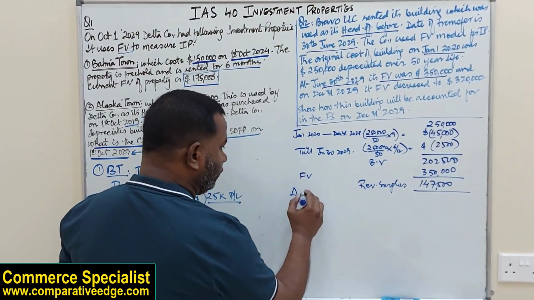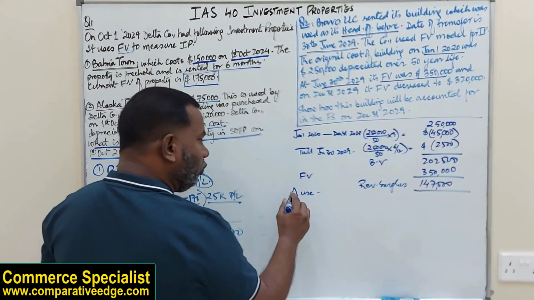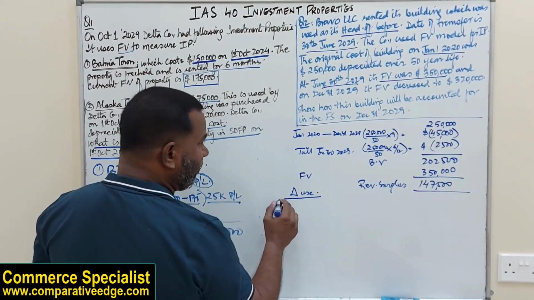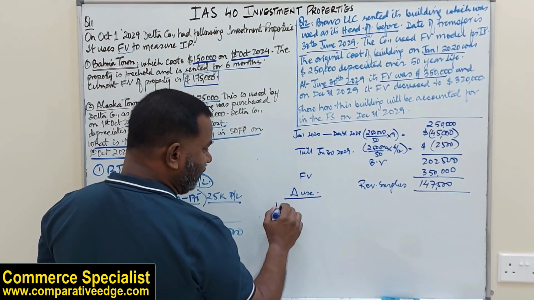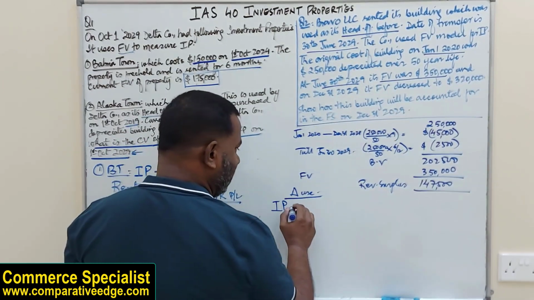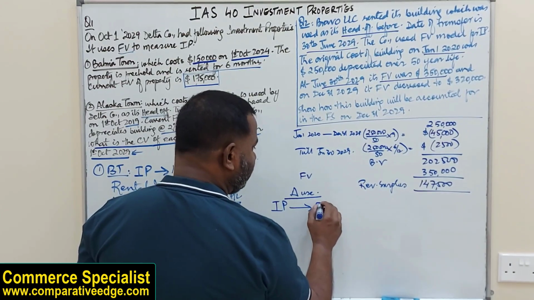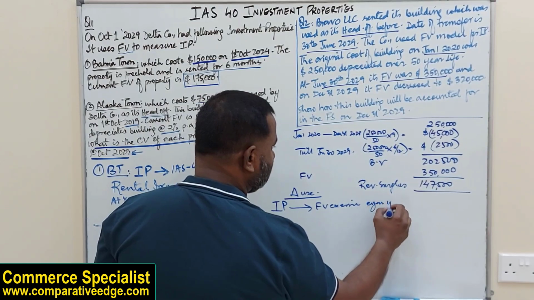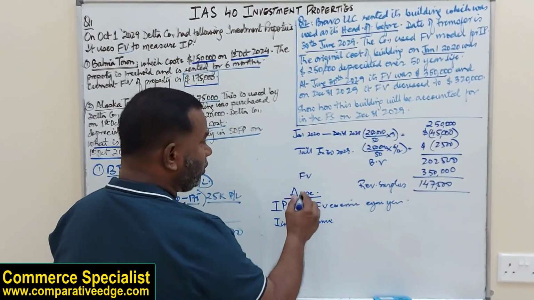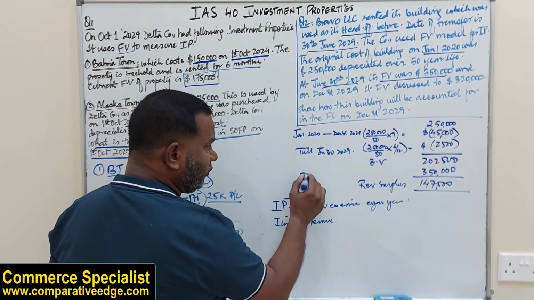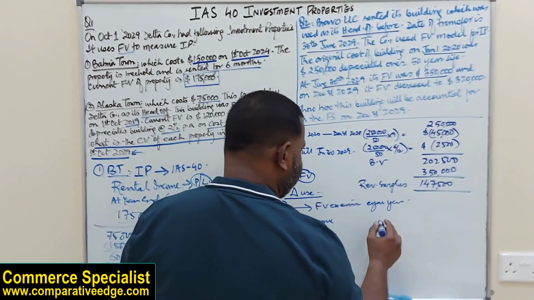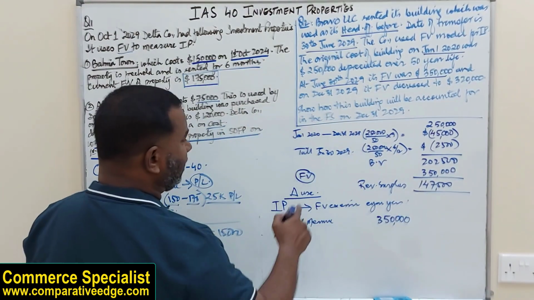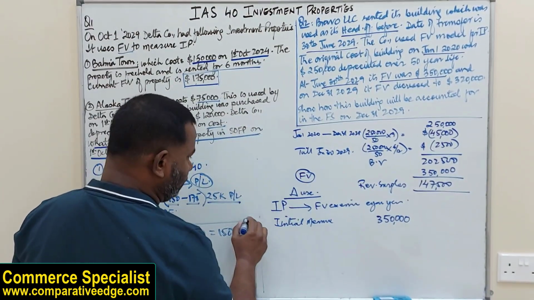Now comes change of use. So now that we have change of use, the property will be classified as an investment property and will be subject to fair value exercises every year. Because at the date of change of use, the fair value was 350,000, initially it was measured at 350,000 at the date of change of use, which is 30th June.